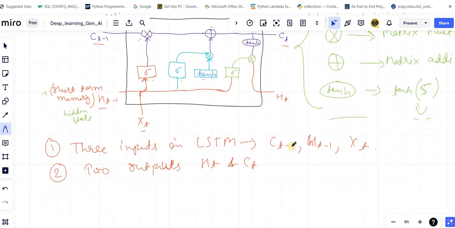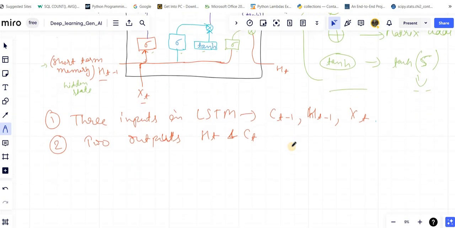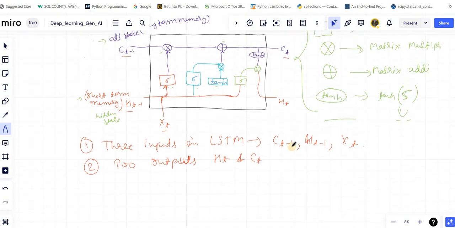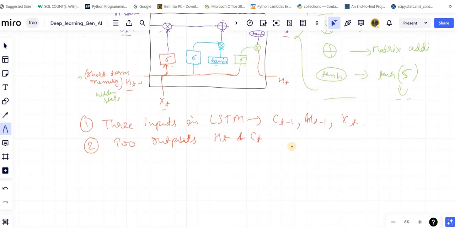Now what we are supposed to do in the LSTM. Whatever we are seeing here in the entire LSTM, what exactly does it do?